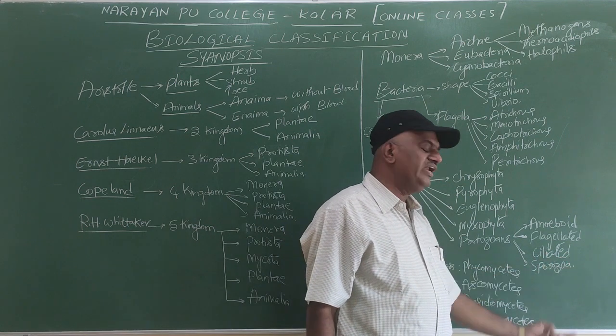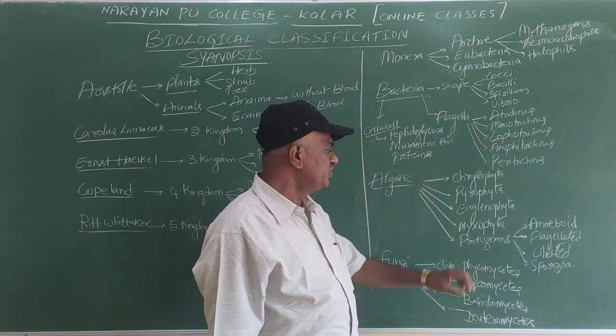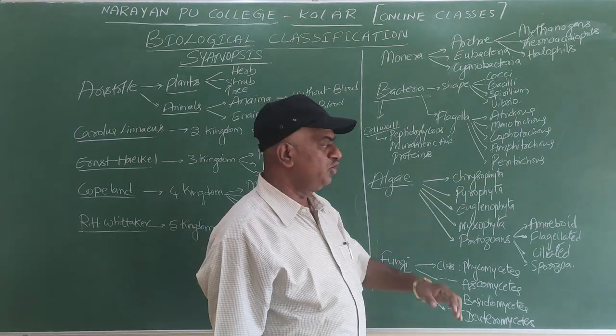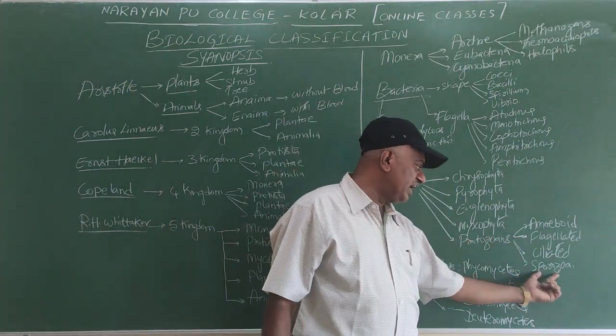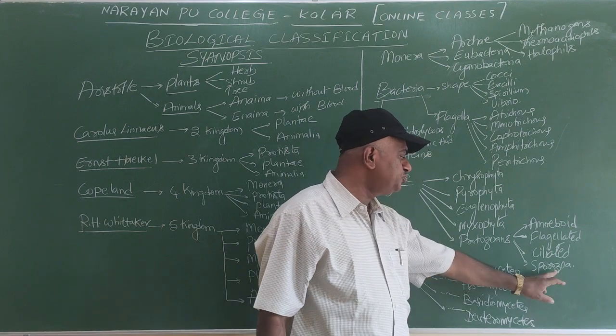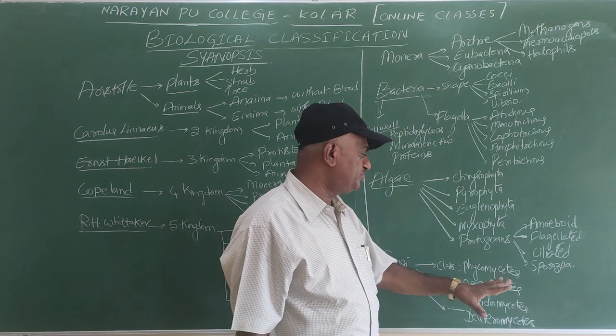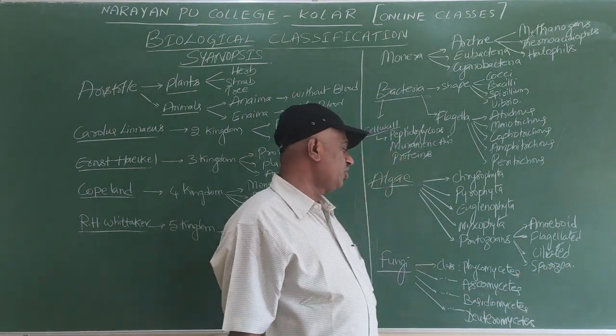The third one is ciliated protozoans. In ciliated protozoans, cilia are the locomotory organs. The last one is sporozoa. In sporozoa, locomotory organs are totally absent.